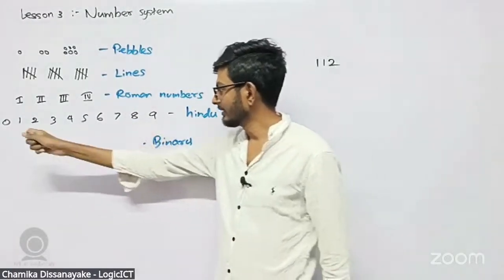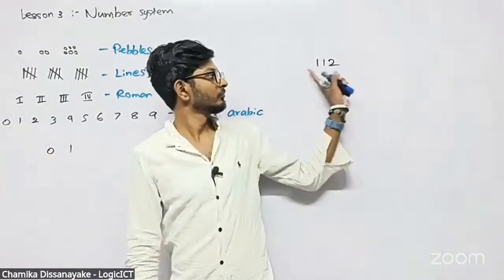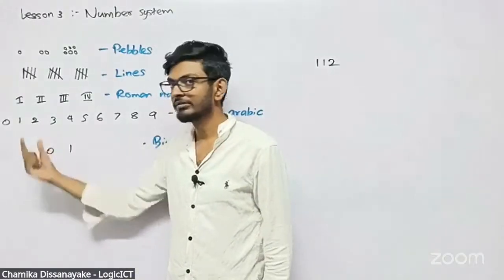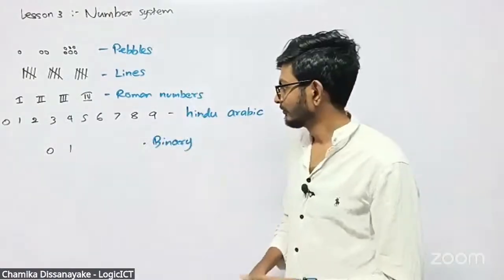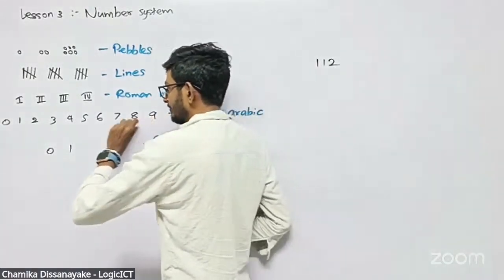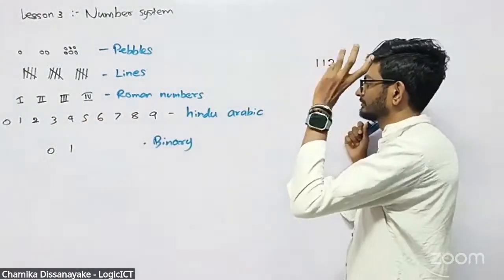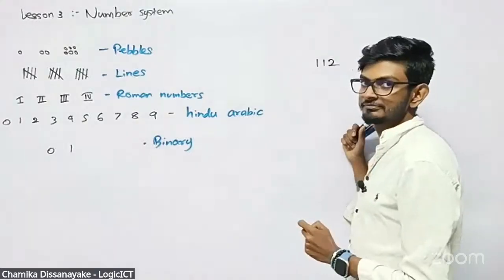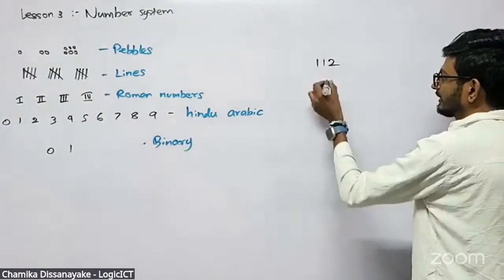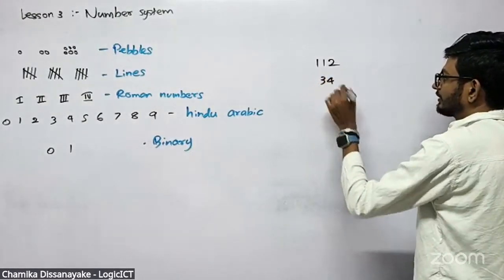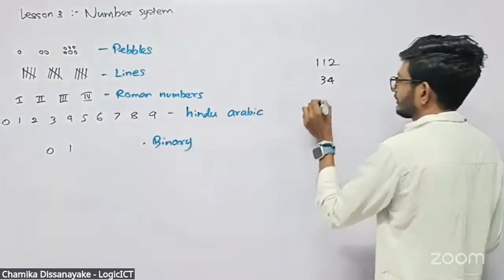You can see, I have used 1, that means this symbol twice, 1, 1, and the second symbol 1 time, 2. Likewise, we are going to use any symbol from these symbols for the numbers. When using Hindu Arabic numbers, let's say another one. 34. 34 is also two symbols. This one and this one. Okay. 940.